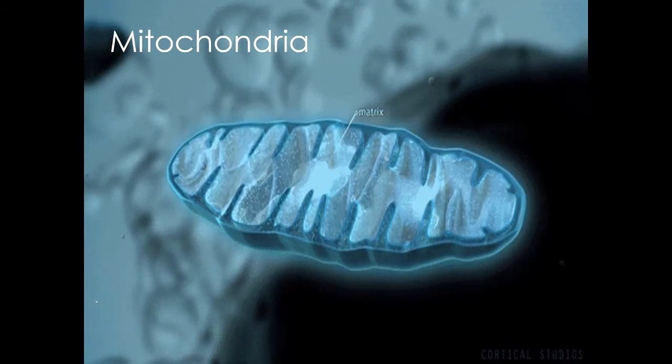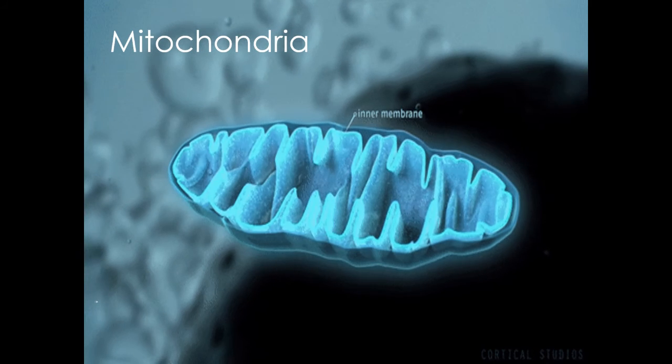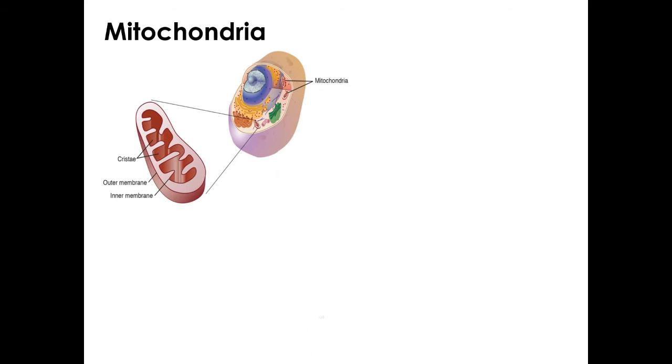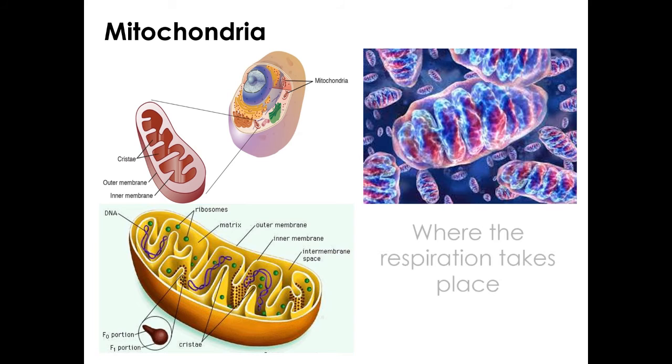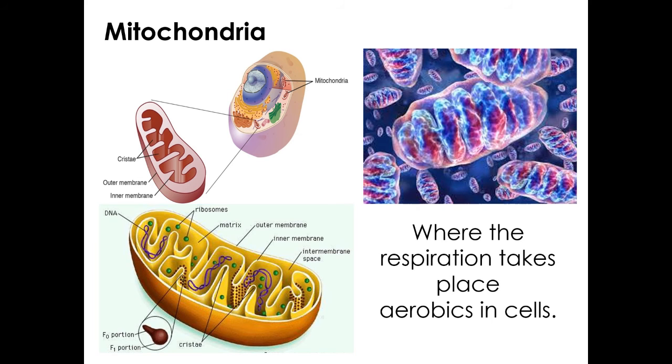The next organelle is the mitochondria. Mitochondria is basically where aerobic respiration takes place in cells.